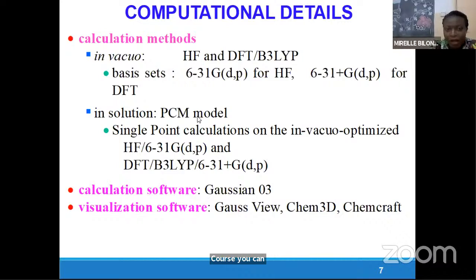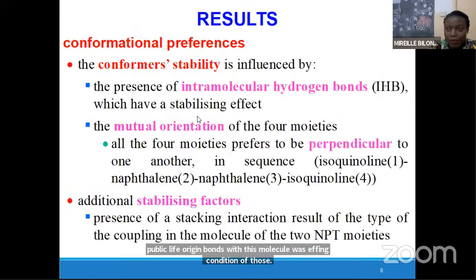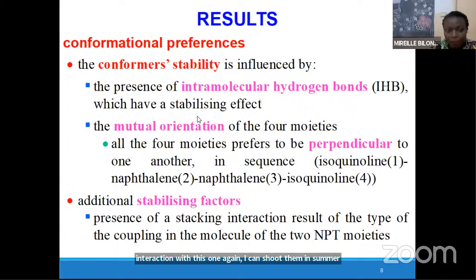As a result, we have found that the conformational preferences, especially the stability, are influenced by the presence of the intramolecular hydrogen bonds which this molecule has, the mutual orientation of those 4 moieties, and an additional factor was also the presence of stacking interaction within this molecule. I can show them in some molecules after.